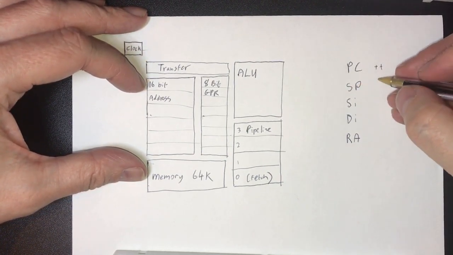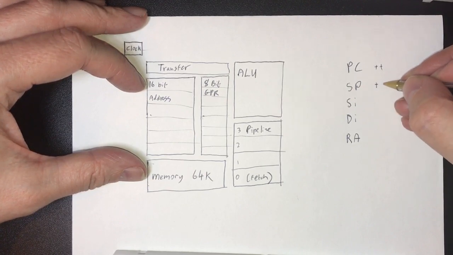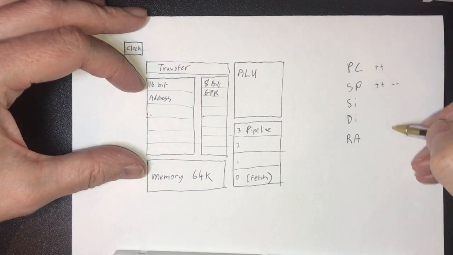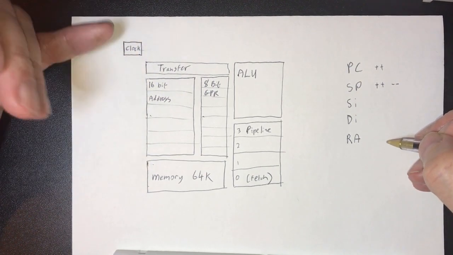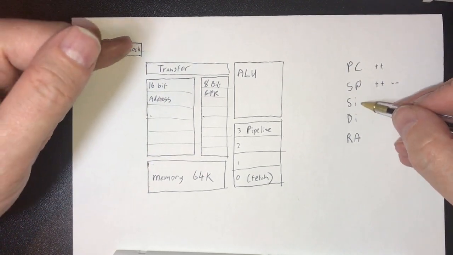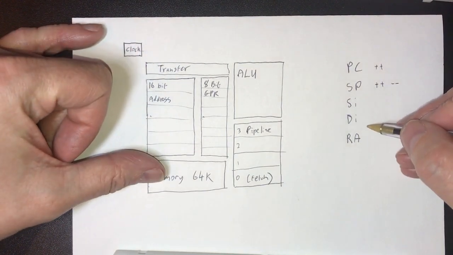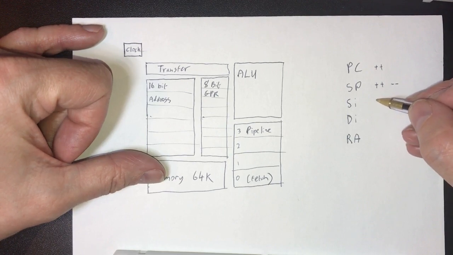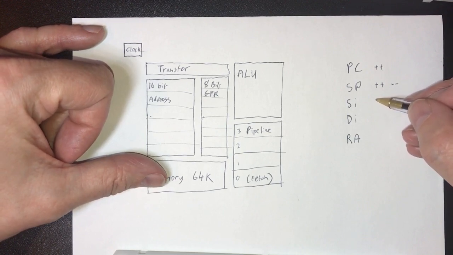Stack pointer, we would definitely want to be able to both increment and decrement it. Return address, we don't really have any particular needs, but the source and destination indexes is pretty much the same as a stack pointer, really. It would be handy to be able to increment and decrement those.